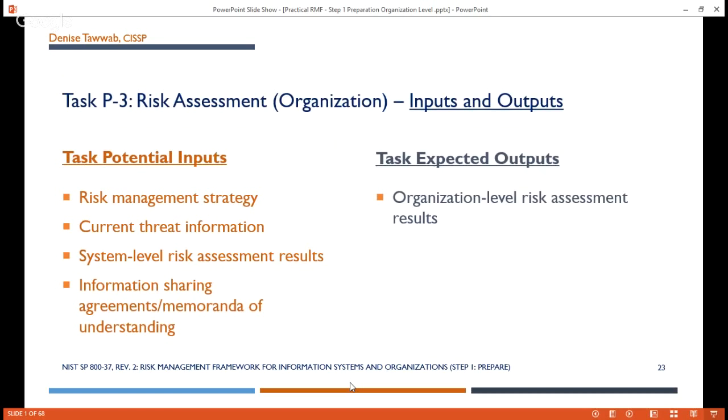Potential inputs to the risk assessment task include your risk management strategy, current threat information, system level risk assessment results will roll up into your organization risk management. Your organization risk assessment, any information sharing agreements and MOUs that you have that will impact the level of risk. The expected output is going to be the organization level risk assessment results.